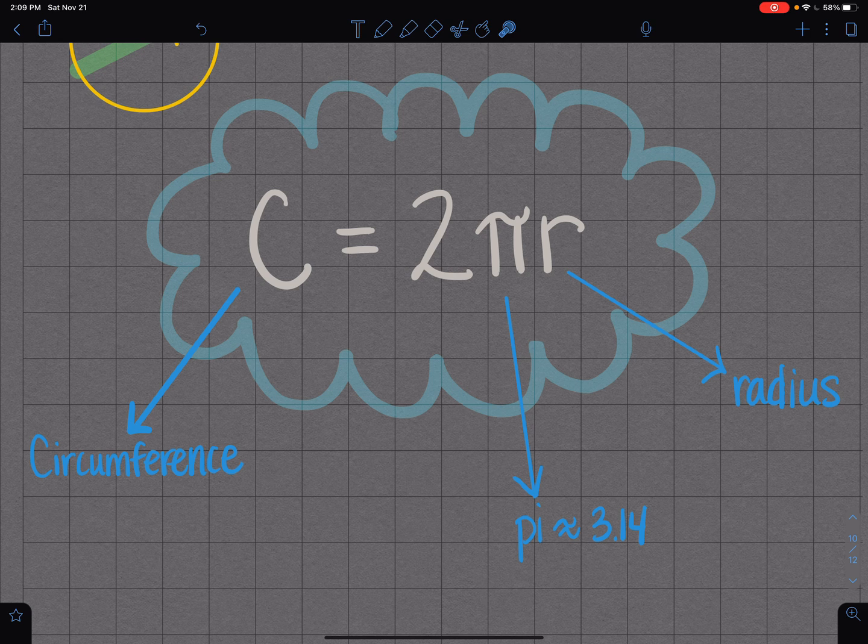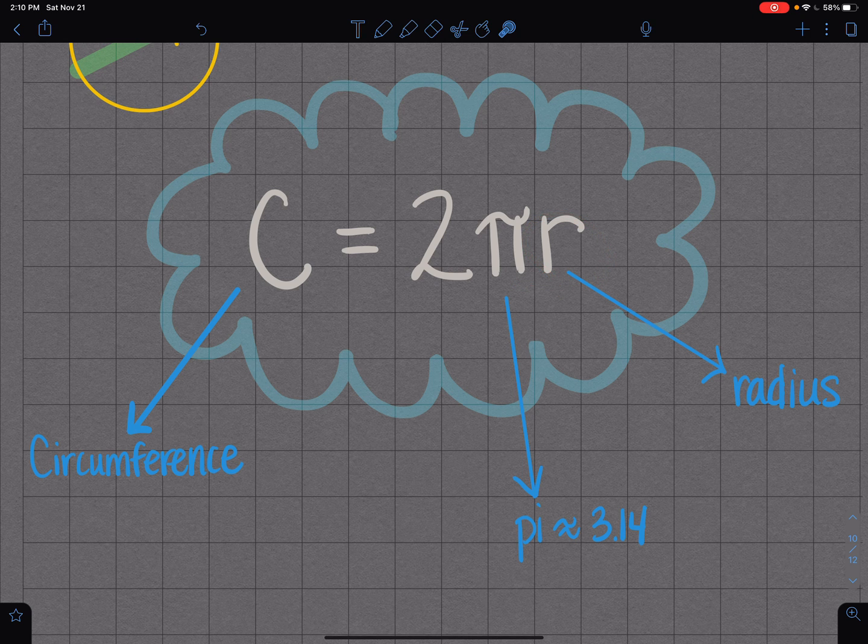So this is exactly the same equation as the previous one, except that instead of saying d for diameter, we are using a radius. And sometimes that's a little bit more convenient, because sometimes they just give you the radius in the problem, and instead of trying to figure out the diameter from the radius and then using the previous equation, you can just plug the radius into this equation and get the right answer every single time.